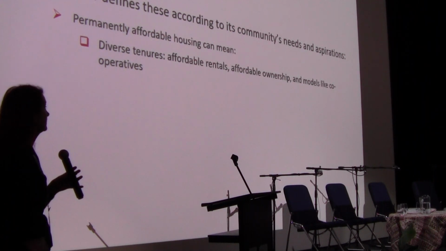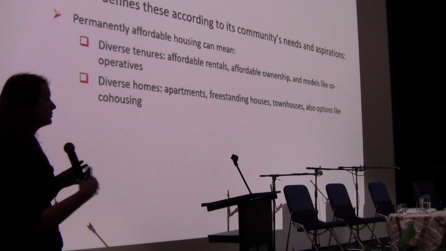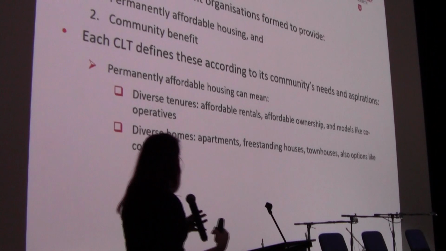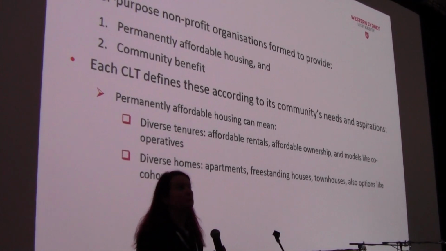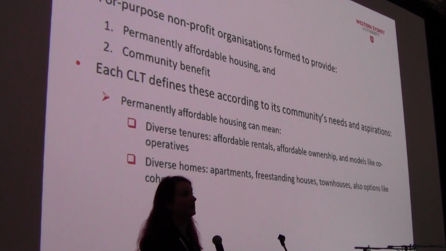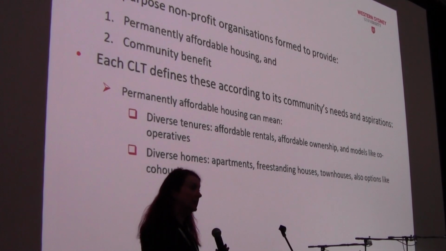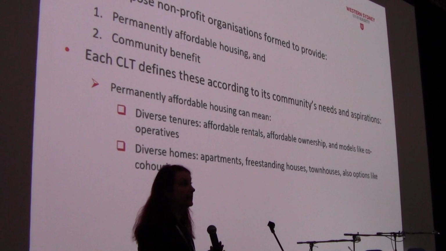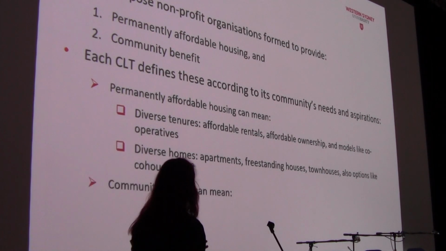They're very much place-based. You can also then get literally any form of housing on a CLT. So that can be apartments, freestanding homes, but also things like co-housing, eco-villages. Again, depending on the community saying this is what we actually need to see, this is the gap in our local housing system.